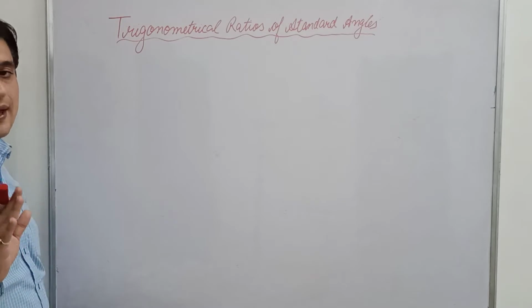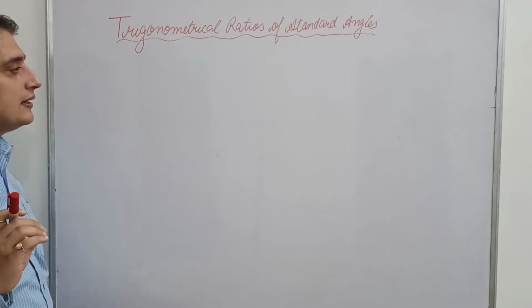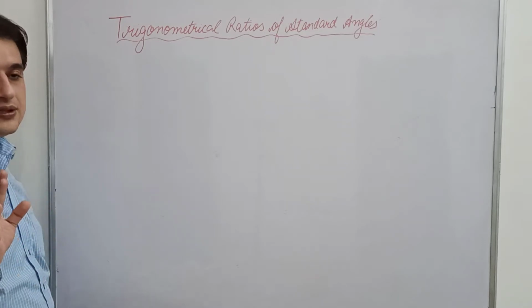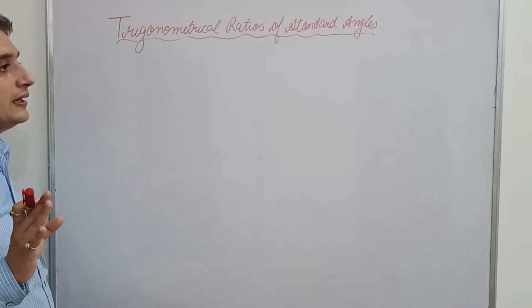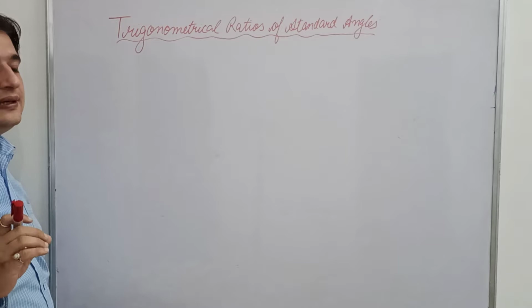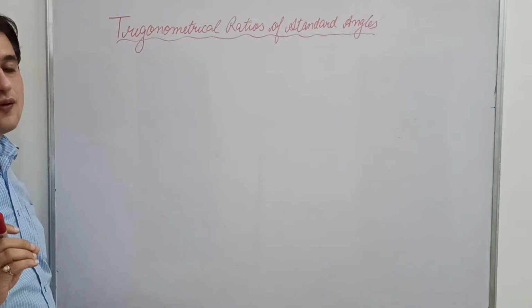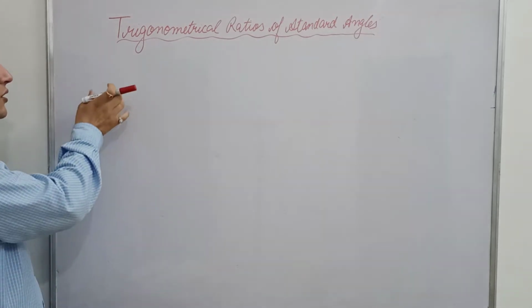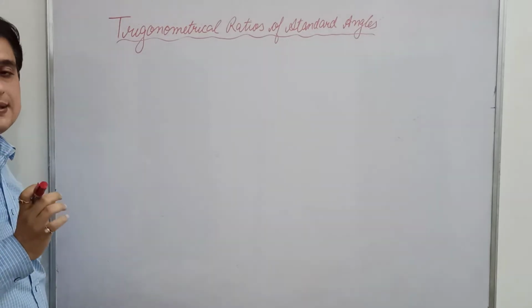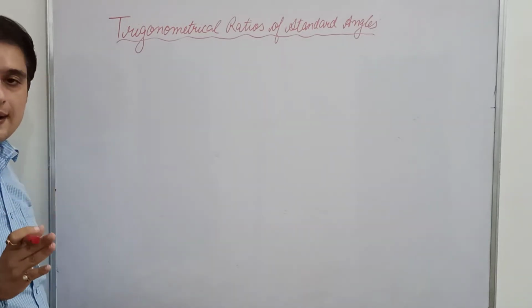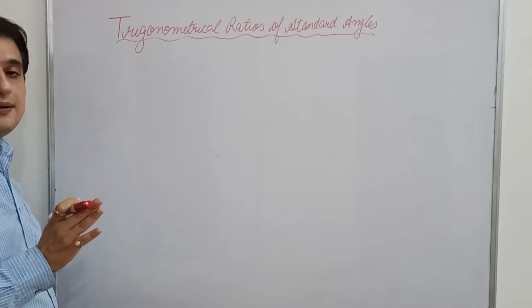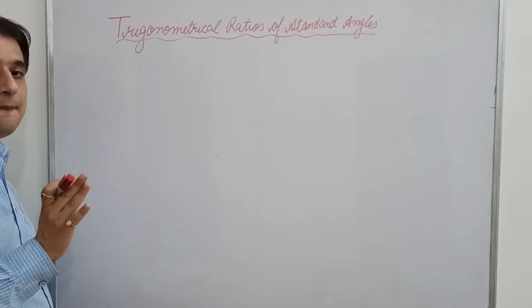But the value of that acute angle is not given. We just find the values of T ratios from the ratio of the lengths of the sides of a right angle triangle. Which two sides are taken for the sine of an angle? Perpendicular and hypotenuse.